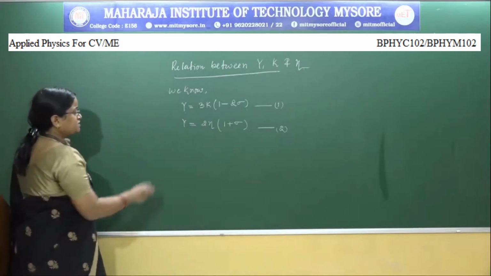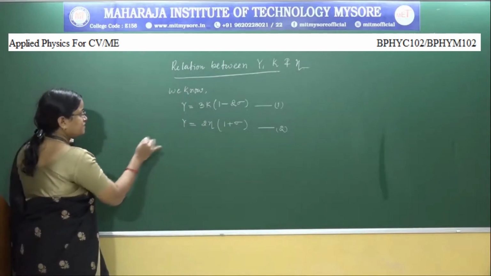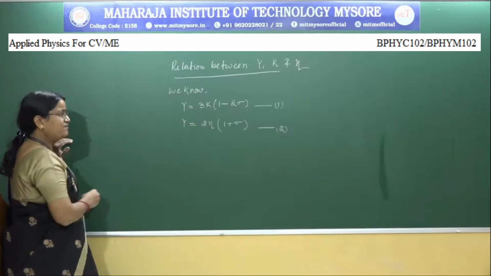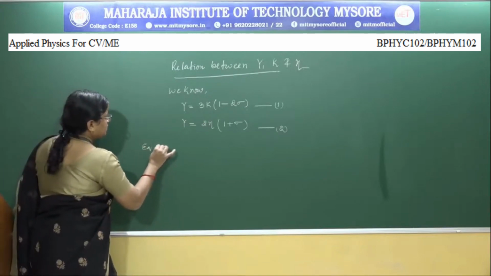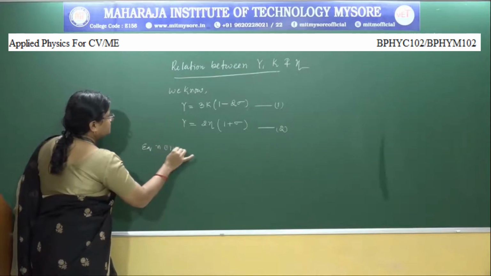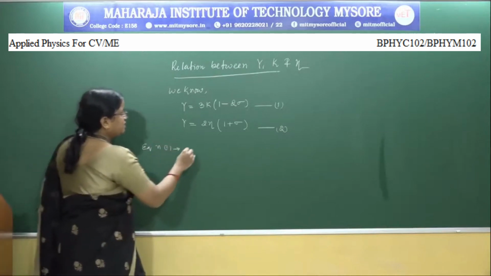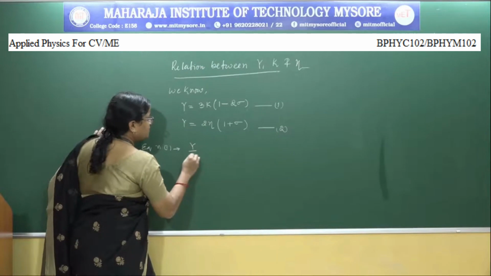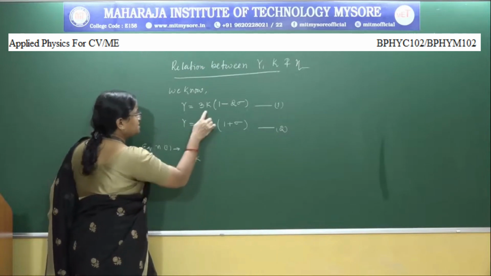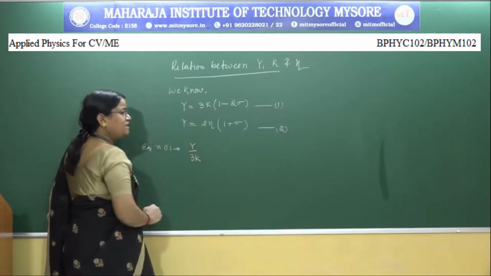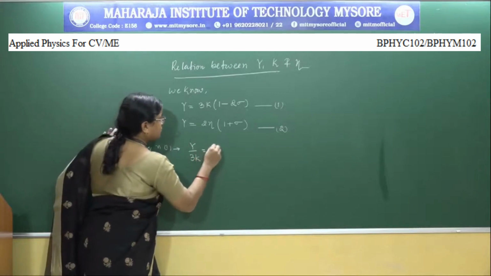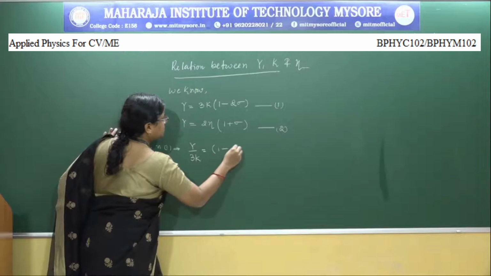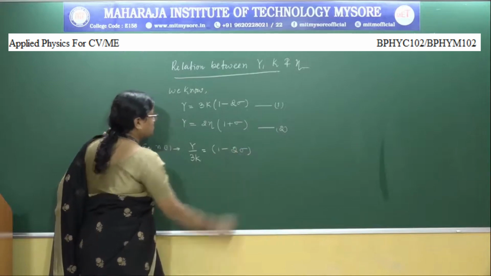So we will take the first equation and further simplify it. What we can write is Y divided by 3K. This 3K, take it to the denominator of the left hand side. This will be equal to 1 minus 2 sigma.